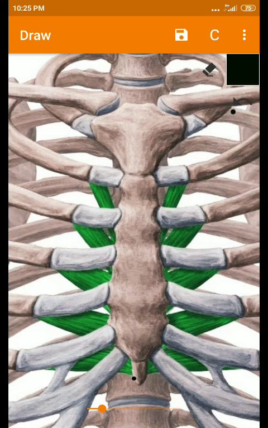Okay, this is about the triangularis sterni. It is also called transverse thoracis or sternocostalis, a deep and flat layer of muscle deep to the internal intercostalis. The triangularis sterni attaches to the posterior surface of the xiphoid process and body of the sternum, and also the internal surfaces of the costal cartilages of ribs 3 to 7.